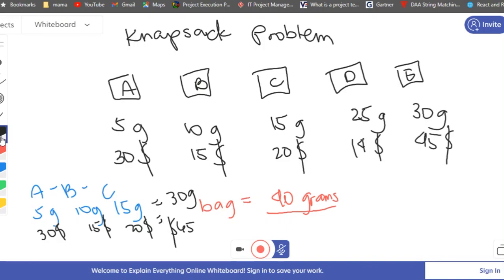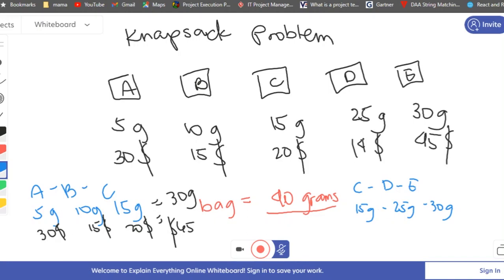So, for example, item C, D, and E. So, item C is 15 grams. D is 25 grams. And then E is 30 grams. So, 15 plus 25 is 40.